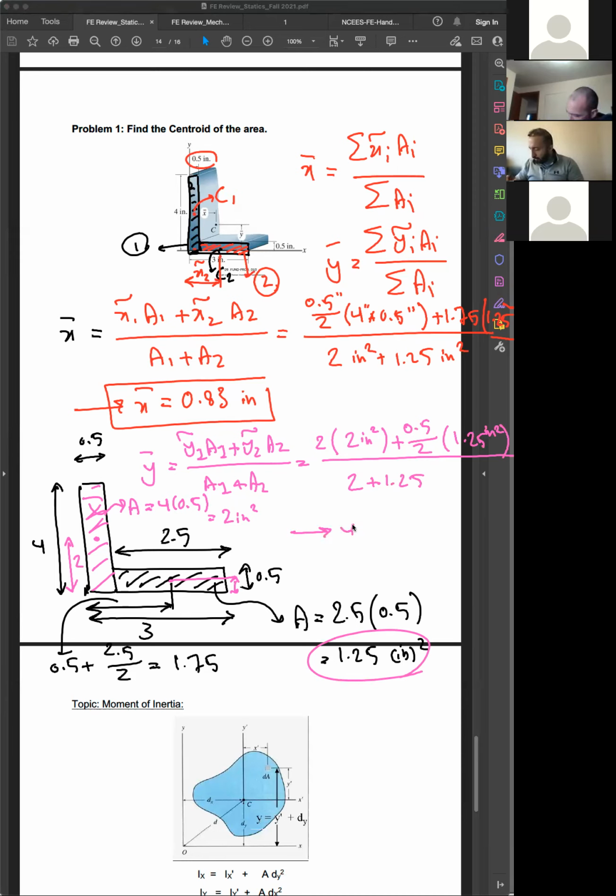From this, the y bar would be equal to 2 times 2 plus half times 1.25 over 3.25. I have found 1.33.